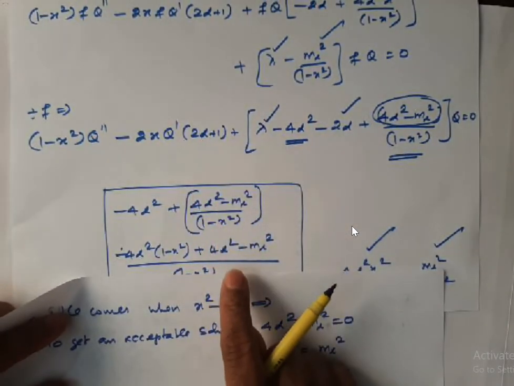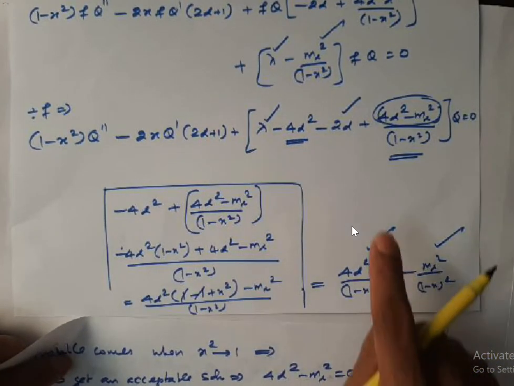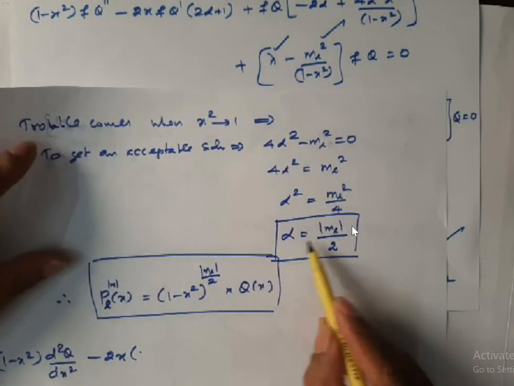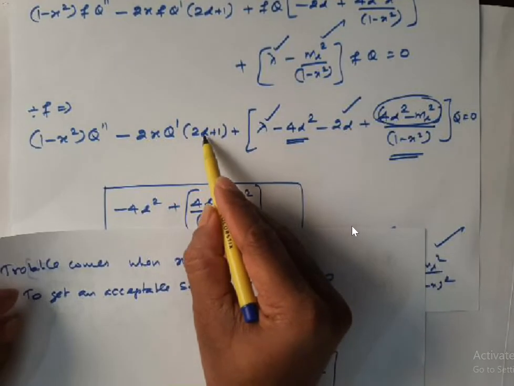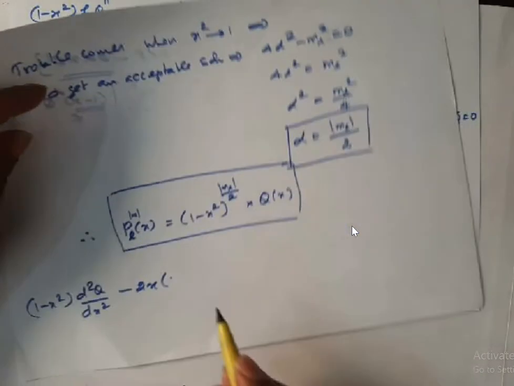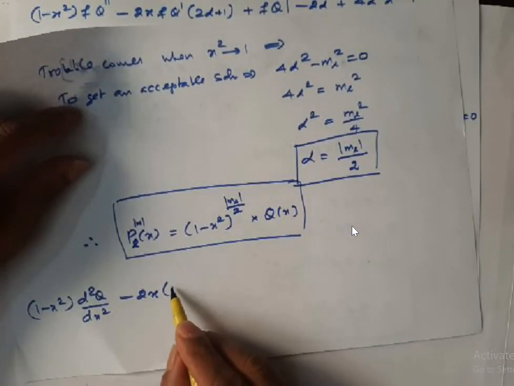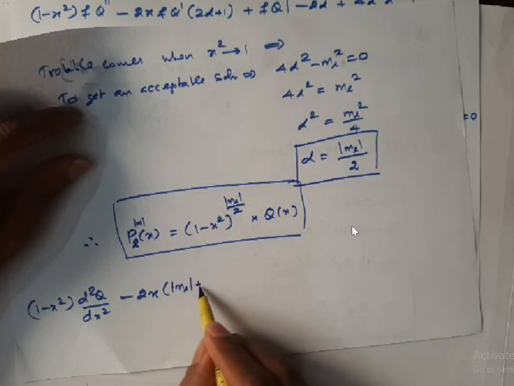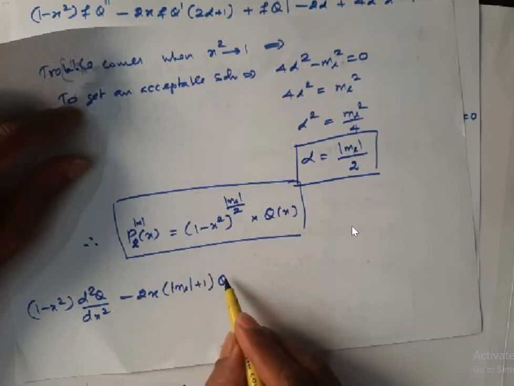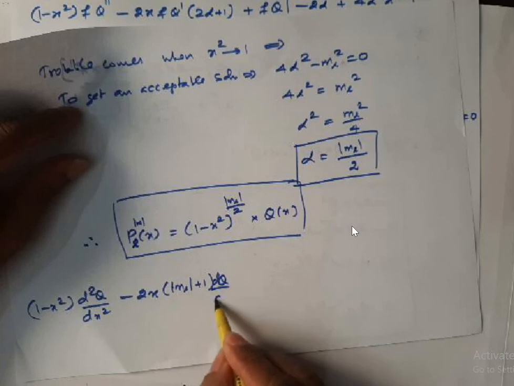What is alpha? We found that alpha is nothing but ml by 2. So if I put ml by 2, 2 cancel, I'll get modulus of ml here. So I'll get 2x into modulus of ml plus 1 into q prime. Q prime is nothing but dq by dx.